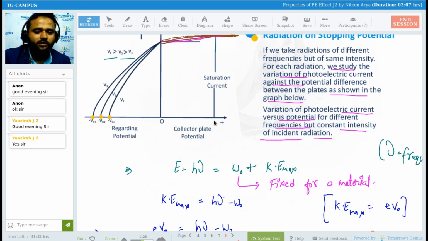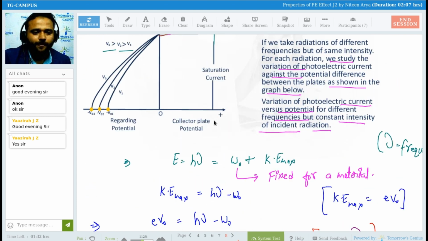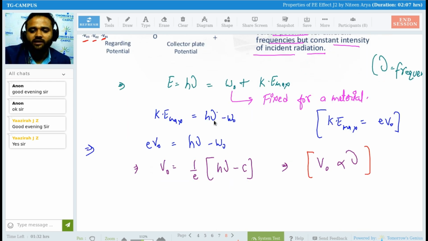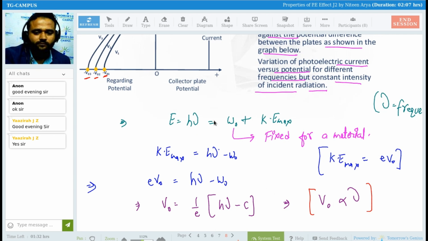So in this way you can understand it also. But after reaching a certain point, the current is going to be what? Once we increase the potential enough, the kinetic energy is going to be maximum, and at maximum kinetic energy we see the saturation current. Is this clear everyone? That is what the graph states, that for higher frequency we have higher stopping potential, and we can get this from the relation.